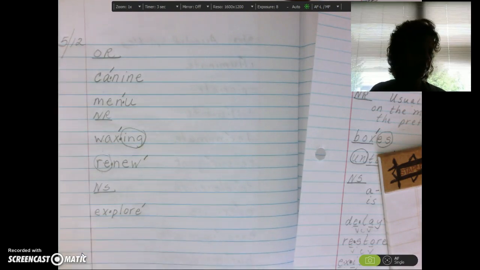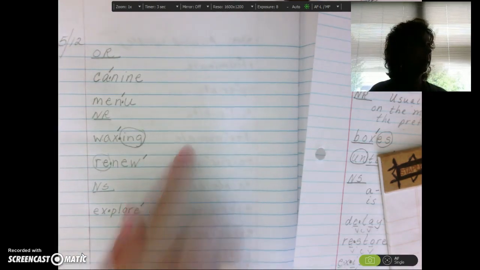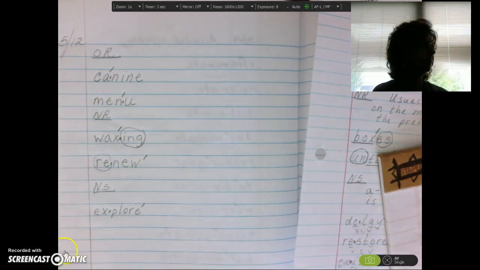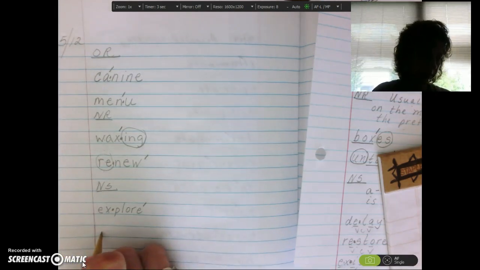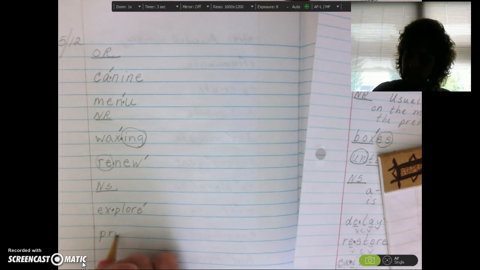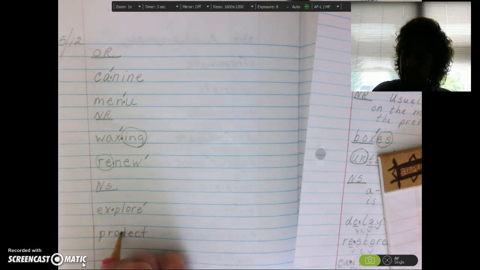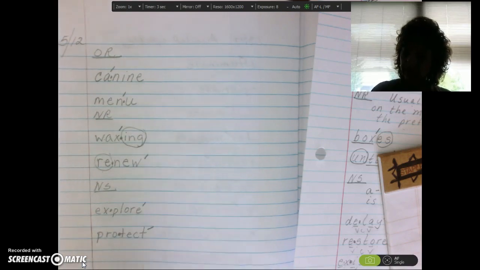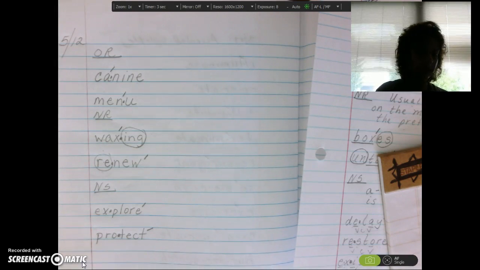Explore. Your next word is protect. Protect. Okay, this is what you should have written. Divided into syllables here. Accent goes here. Protect. The final word is acute.